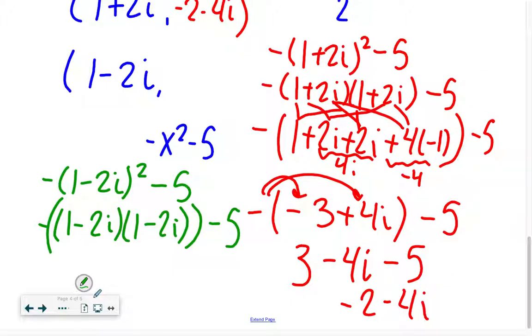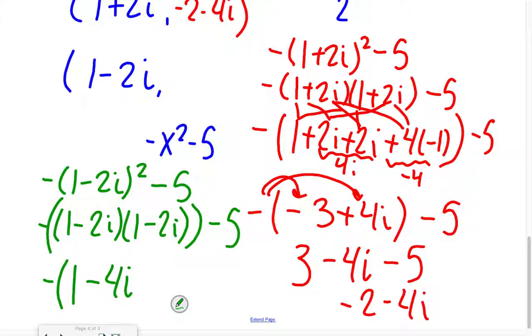I have my negative sign out front. 1 times 1 is 1. Minus 2i is negative 4i. What's a negative 2 times negative 2? Positive 4. When I multiply by i squared, the positive 4 becomes negative 4. Minus 5.